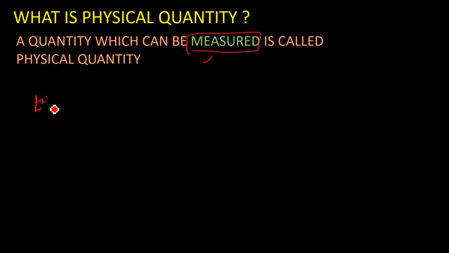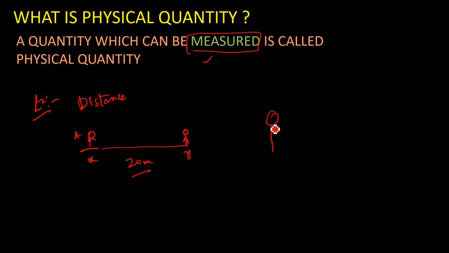What is an example? You can take distance. Person A is traveling from point X to point Y, and we can consider 20 meters. We are able to measure that. And you have a bag that you carry daily to school or college, and that weight we can also measure.